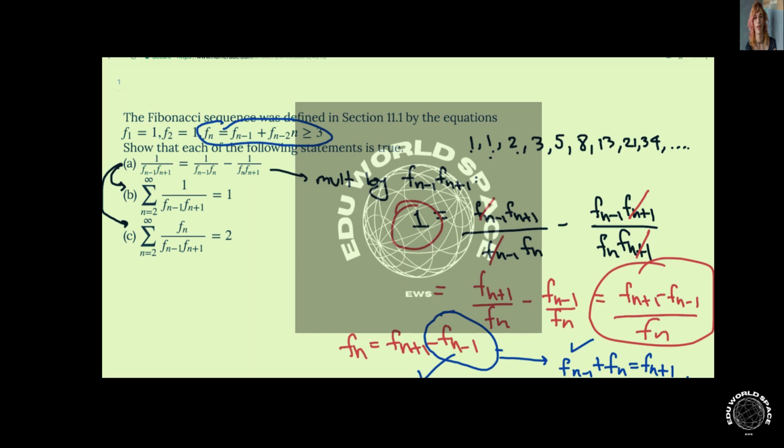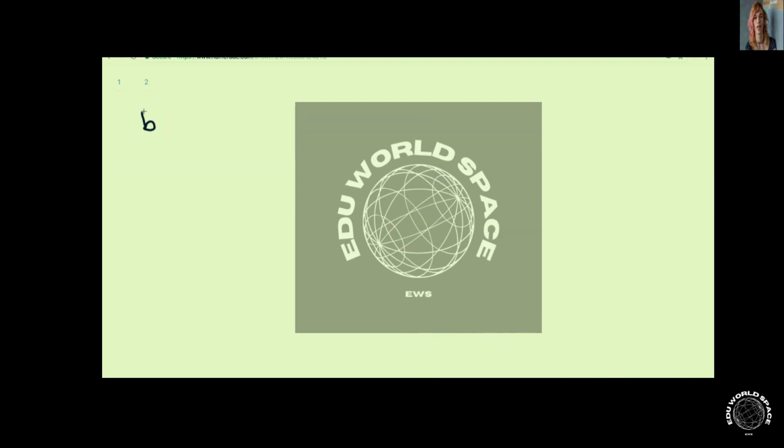So for part B, let's go ahead and start on the next page. So we're on part B here. We're summing from 2 to infinity, 1 over f_{n-1} f_{n+1}. And we would like to show that this equals 1. So first, let's recall the formula.